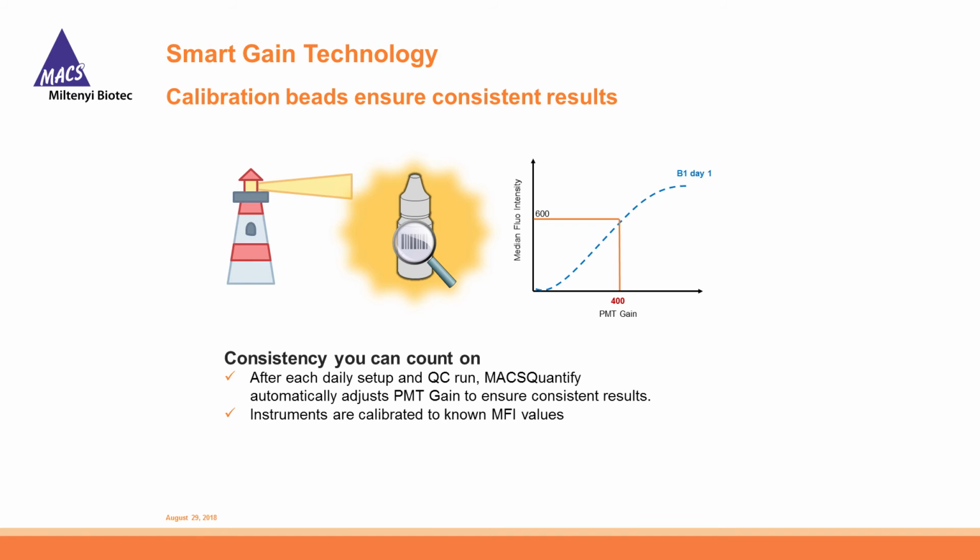So after each daily setup and QC run, MACSQuantify automatically adjusts your PMT gain to ensure consistent results. And MACSQuantify is the software that's operating the devices. The instruments are calibrated to known MFI values, again, which are read from your calibration beads. Let's say over time there were some changes in the optics or PMT or something was wearing out.